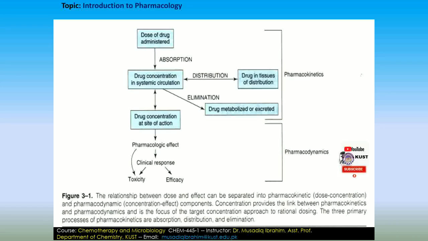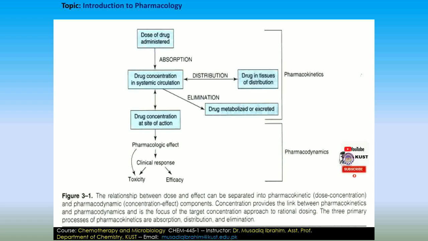So first of all, in the case of pharmacokinetics, the dose of drug is administered. That is the important thing, that according to the condition of the patient, a specific dose of drug is administered to the patient. Then the first step is the absorption of the drug, and as the drug is absorbed inside the body, the next stage is drug concentration in systemic circulation.